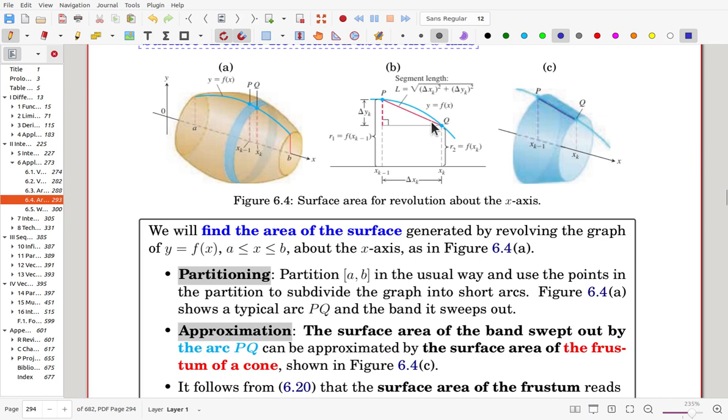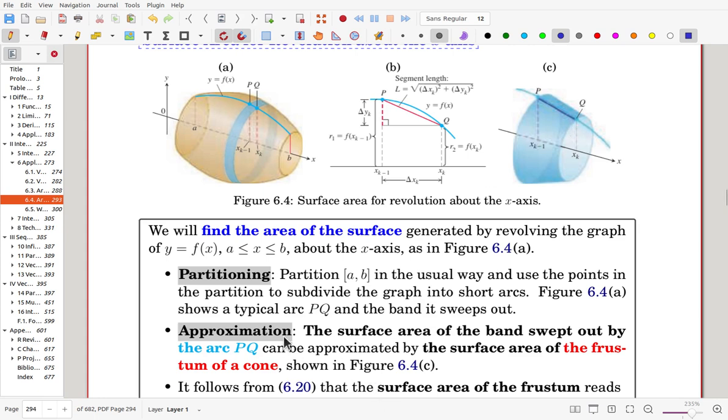But the area of the band is not easy to get. So rather than this curve, we'll use a straight line segment, and that is rotated. Then it will make a frustum. So the area of the band will be approximated by the area of this frustum.